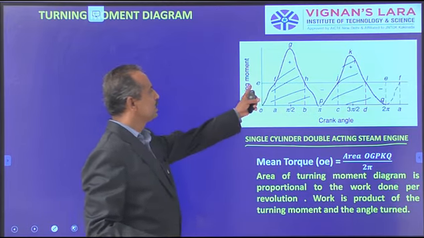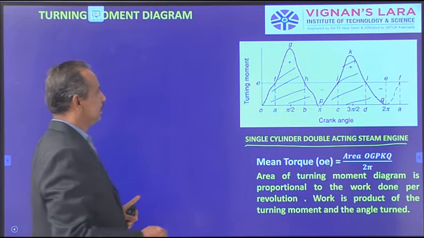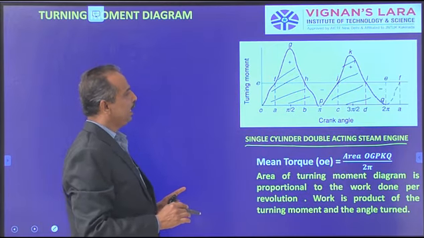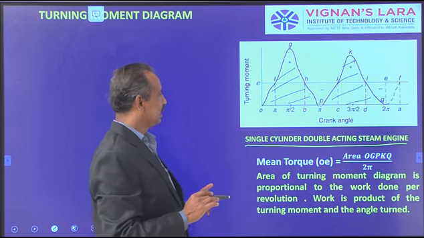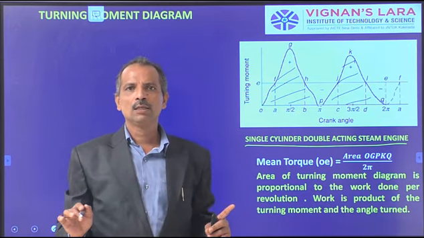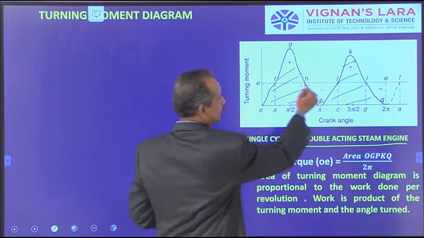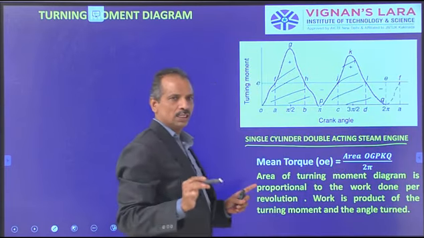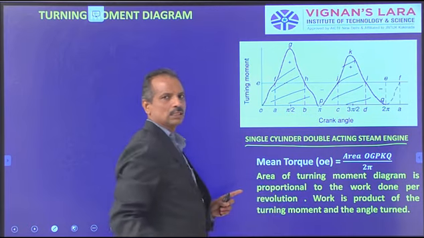So what is this line EF? This is the shaded area. If it is assumed that instead of this irregular path, the area can be converted with a constant torque, what is that corresponding constant torque? That is called the mean torque. The area of OGP plus PKQ, the total area, divided by the angle it turns, that is 2 pi.